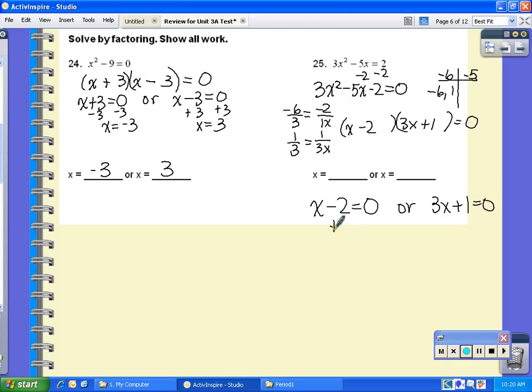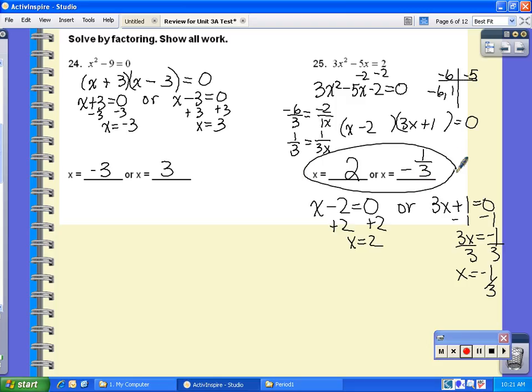So solving those would give me x equals 2 or x equals negative 1/3. So my two solutions are 2 or negative 1/3. Okay, if you need to pause it, I will be flipping the page to do number 26 and 27.